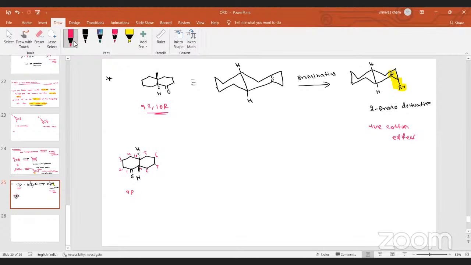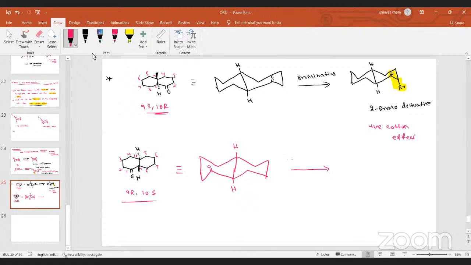So in the case of the 9S,10R configuration, hydrogens are at the 9 and 10 positions, and here is the keto group.